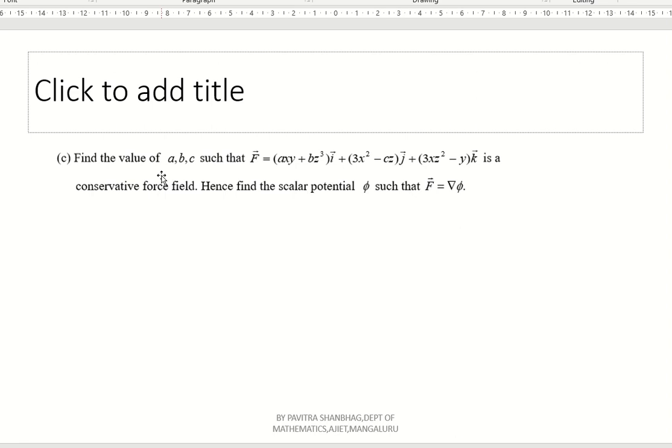You have to apply irrotational, that is the curl definition, or determinant i j k, dou by dou x, dou by dou y, dou by dou z, and write the coefficient of i, coefficient of j, coefficient of k exactly below that particular column, and simplify, find the values of a, b, c, replace back here, then substitute in vector f equal to del phi and continue with the remaining procedure.